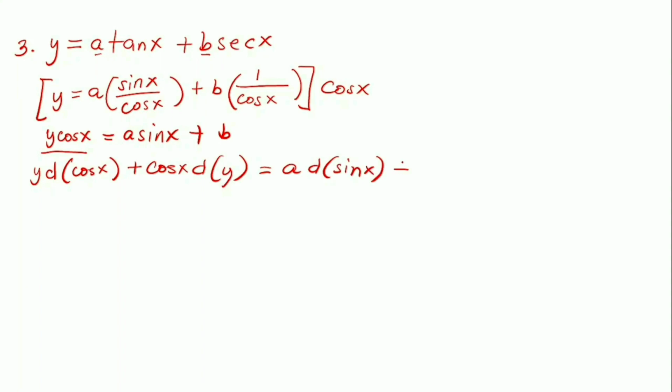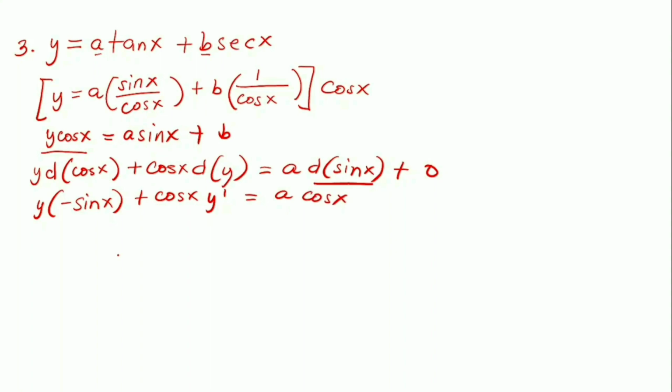Okay? Plus 0. So, y times the derivative of cosine of x is negative sine of x plus cosine of x times the derivative of y, which is y prime, is equals to a times the derivative of sine x is cosine of x.